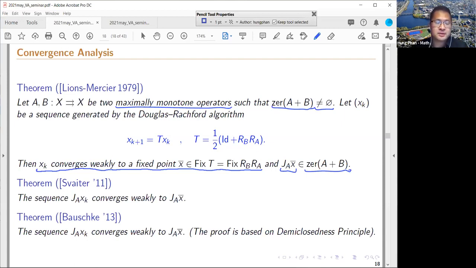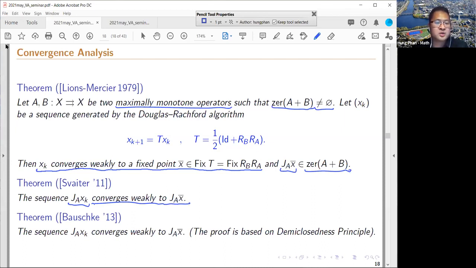And it turns out, interestingly, that not until 2011 did Svaiter prove that the shadow sequence, J_A x_k, also converges weakly to J_A x bar. The proof is, I think, very neat, but very technical, and hard to follow.